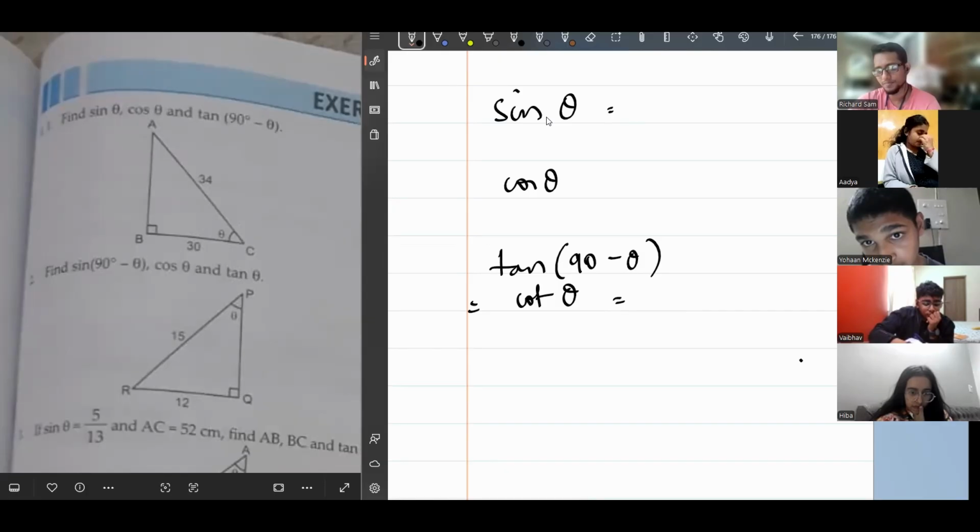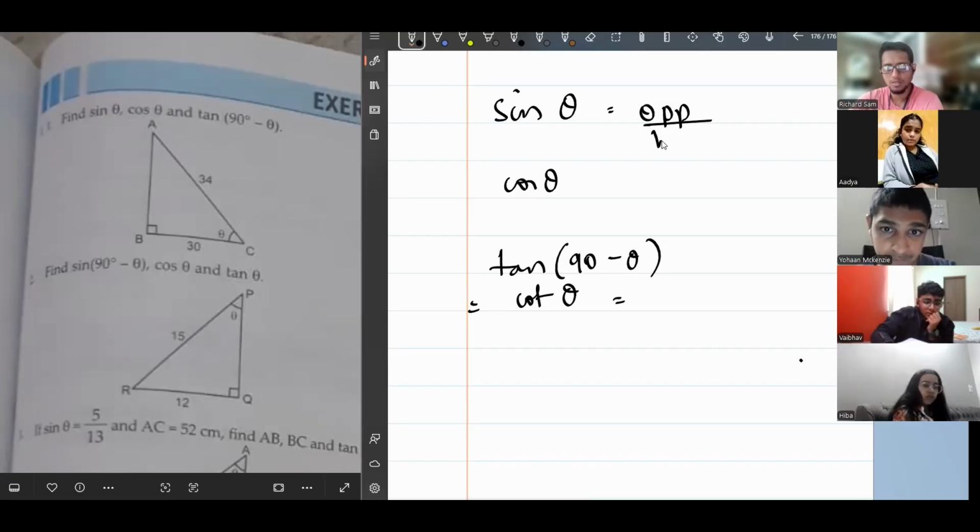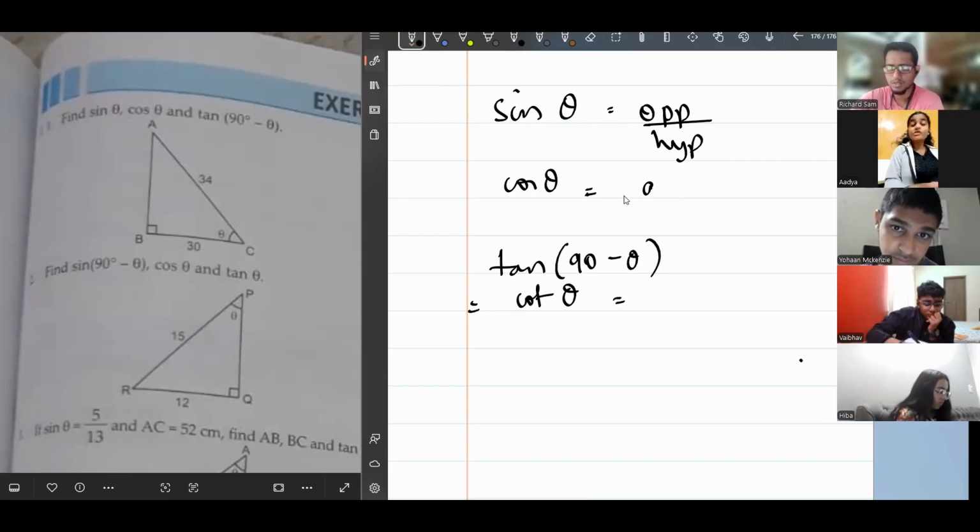What was sine theta? All of you tell me. Sine theta is opposite upon hypotenuse. Cos theta. Adya? Hypo upon adjacent. Sorry.